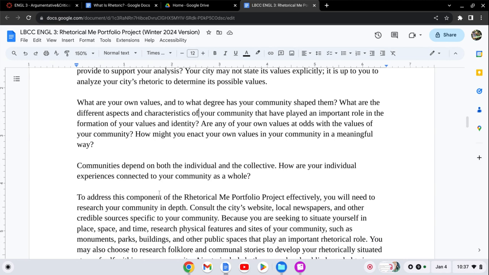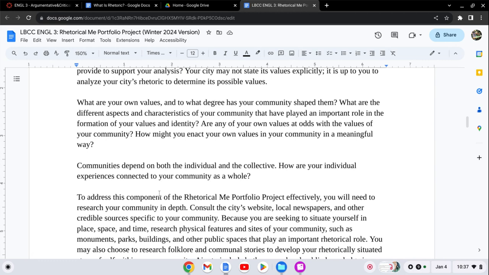Communities depend on both the individual and the collective. How are your individual experiences connected to your community as a whole? So this is a way for you to think about specific memories or specific experiences that you've had within the community that can connect to some of the broader ideas.